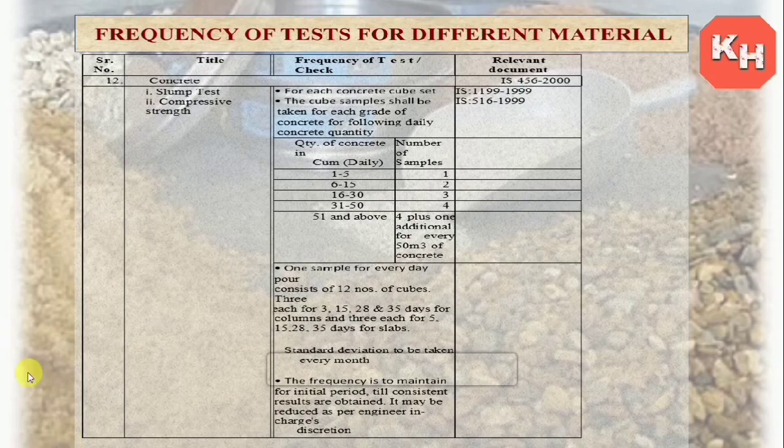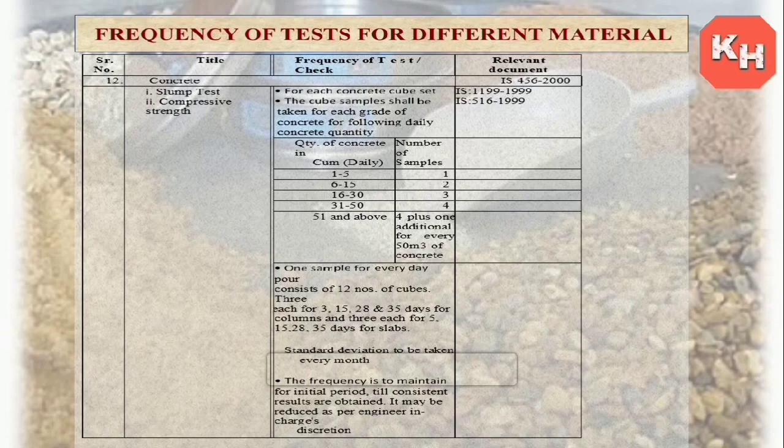We check for concrete tests, that is slump cone test and compressive strength. For each concrete cube test, cube samples shall be taken from each grade of concrete following daily concrete quantity. Slump test is taken for each source of concrete.